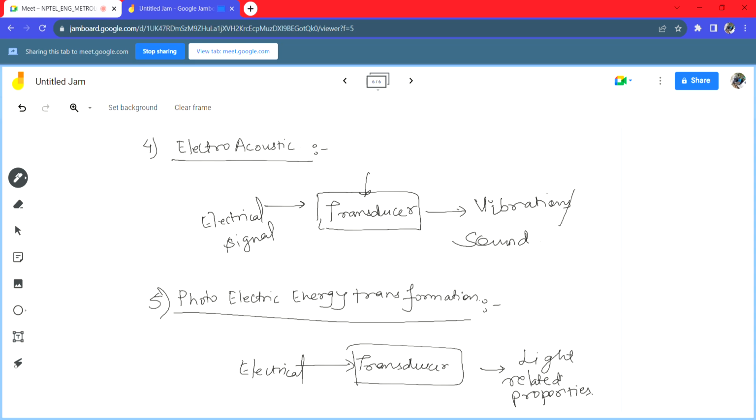So what it can do is, just in case of a photodiode, once this stimulation is provided, it starts to emit light. So these kinds of transformations are photoelectric energy transformation, wherein this photo means light energy. So what we are typically doing is we are creating light or light related properties.